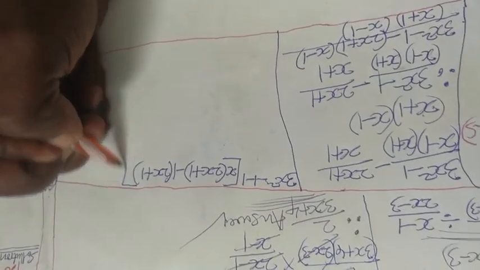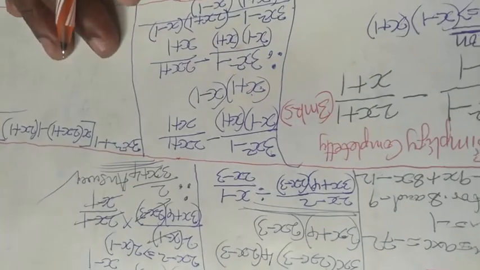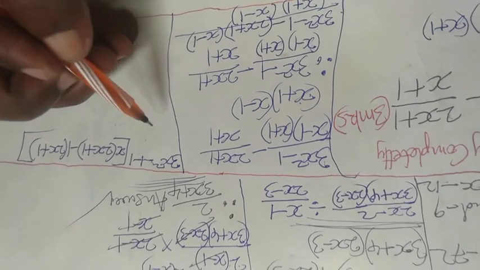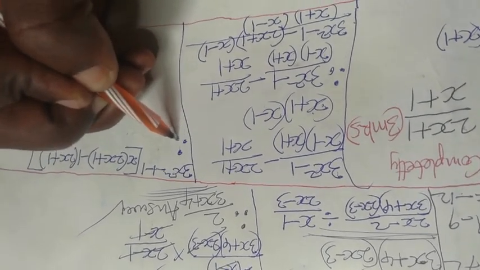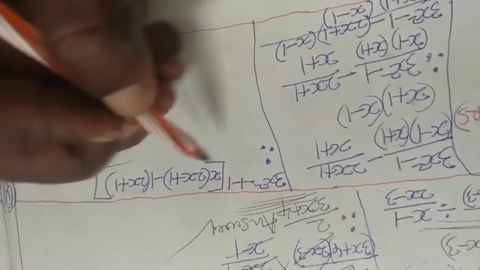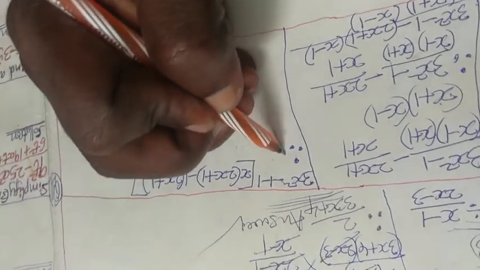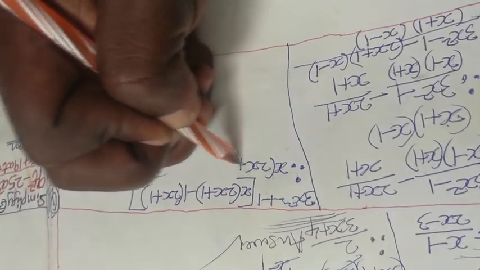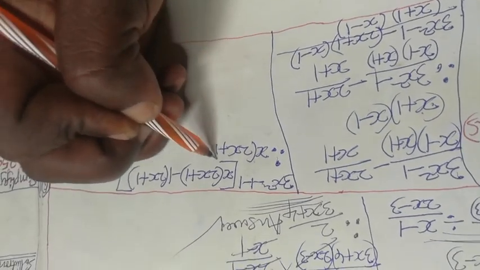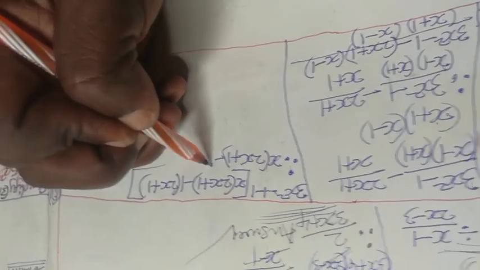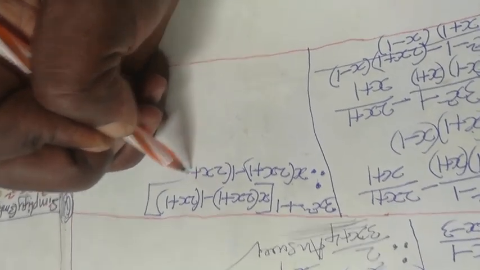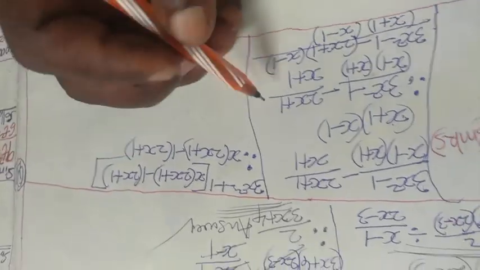Then you put a bigger bracket. Remember BODMAS here. Therefore, we say x into brackets 2x plus 1 into brackets minus 1 into brackets 2x plus 1 into brackets.